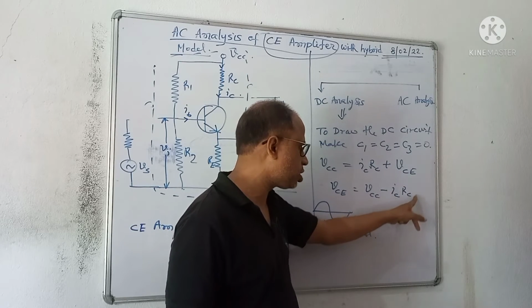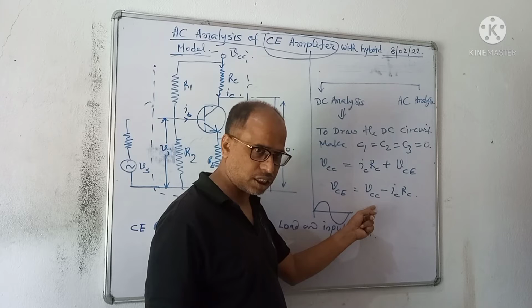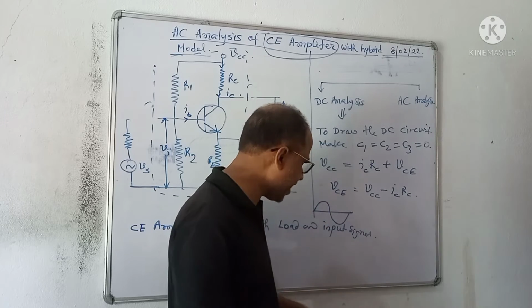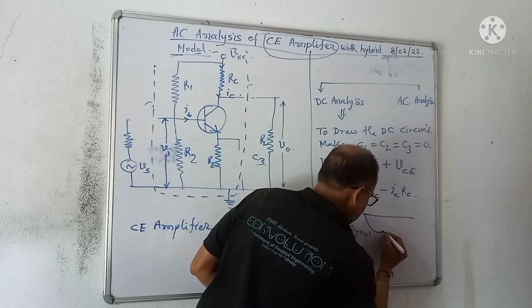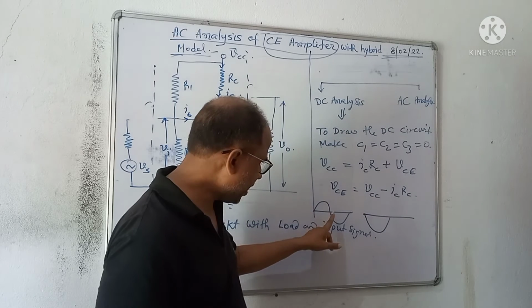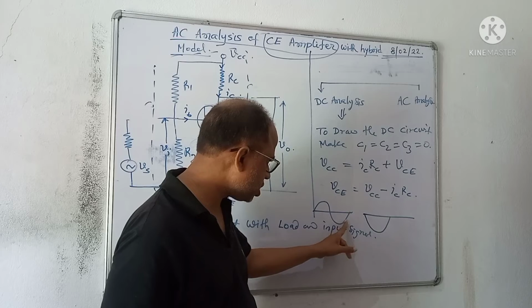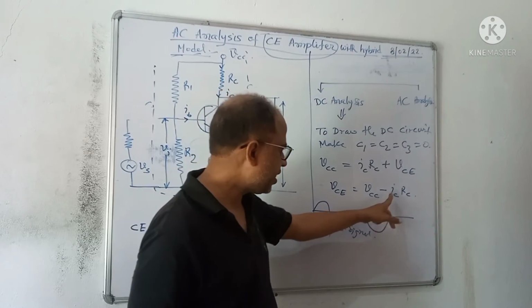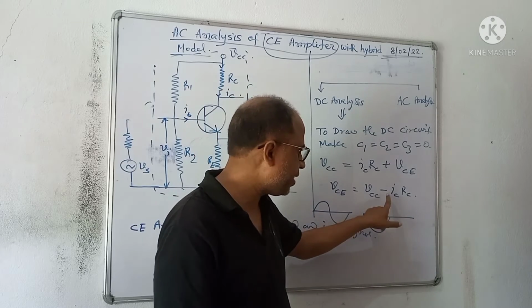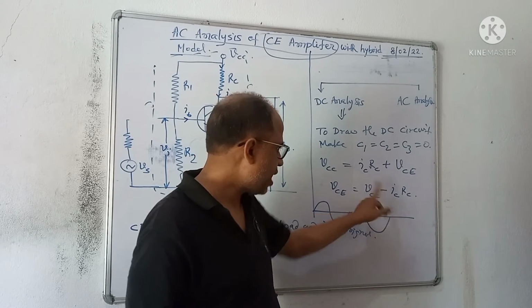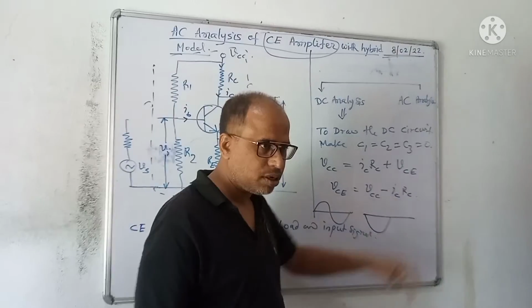Therefore, this term is more than this, so VC is negative. Therefore, the output will be negative. Again, when IB is negative, then IC will be negative, and negative of negative is positive, so VC is positive.